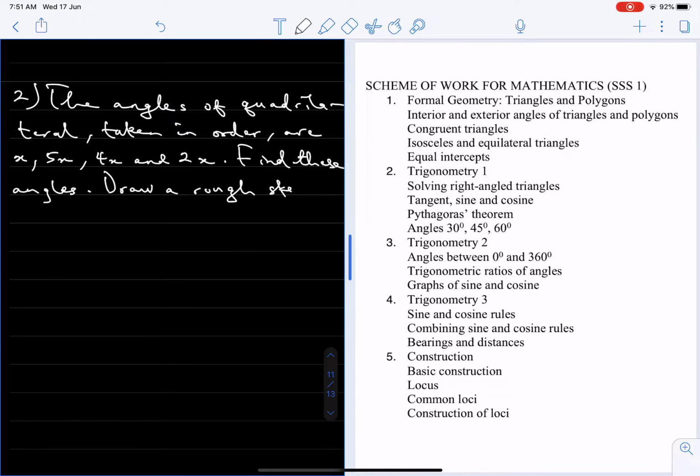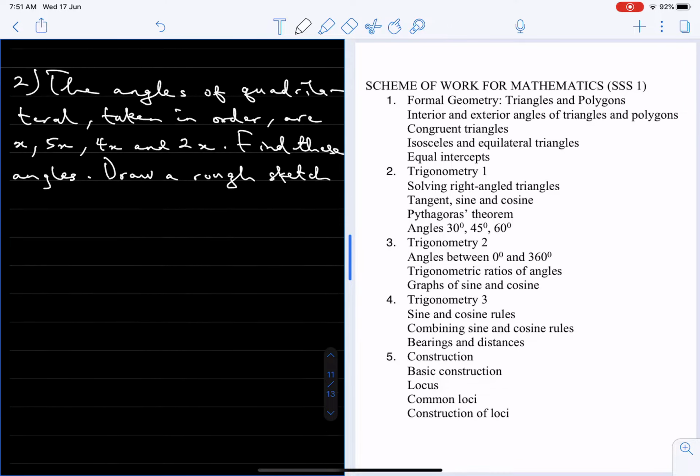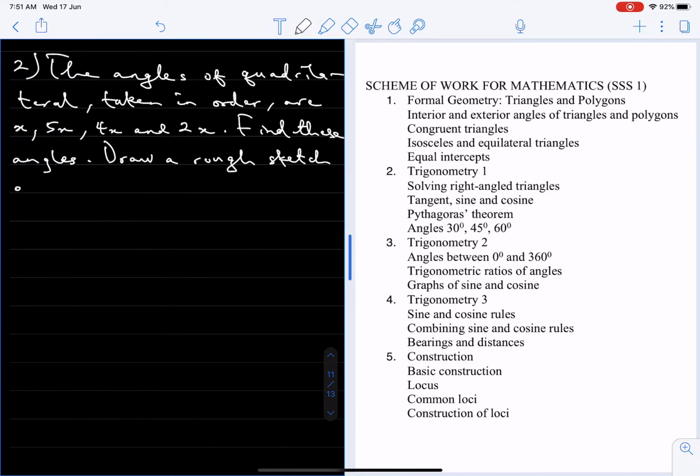Draw a rough sketch of the quadrilateral. When you find the sizes of the angles, you have an idea what kind of quadrilateral the figure is.